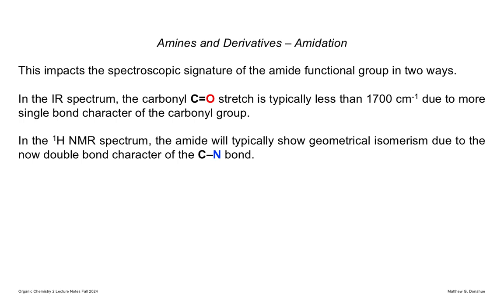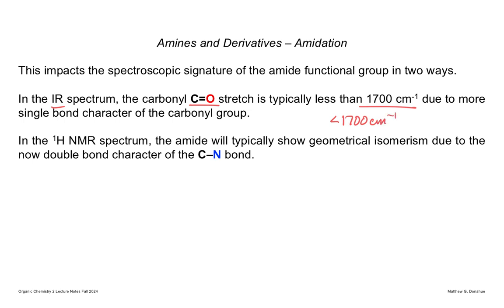And so the resonance form of an amide can be seen spectroscopically in two ways. So in IR, the carbonyl stretch is typically below 1700.